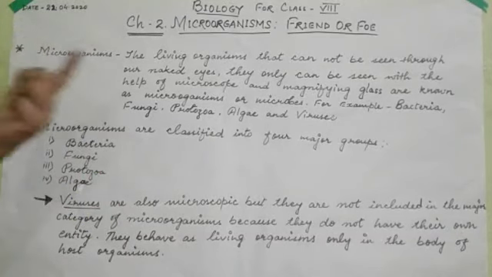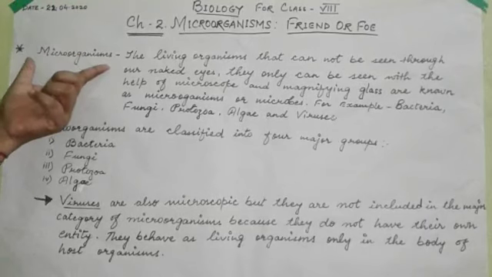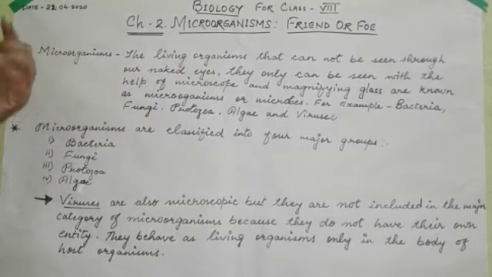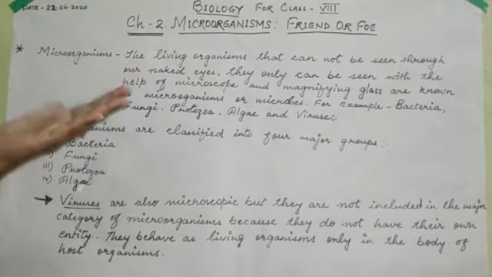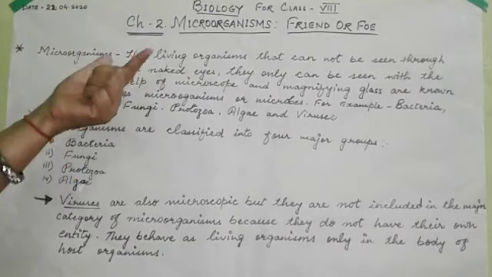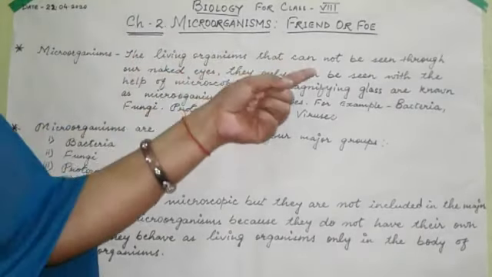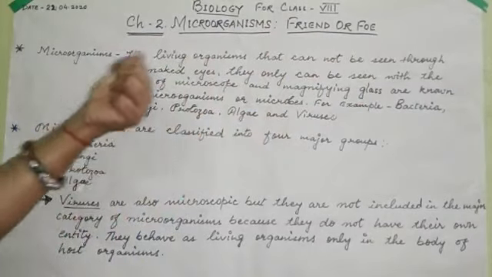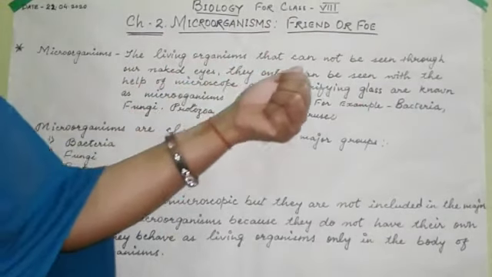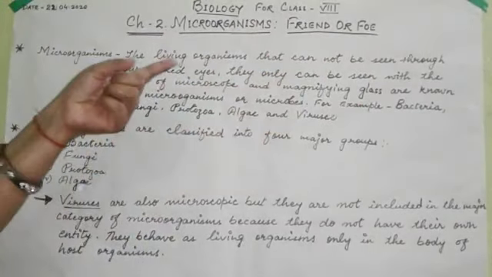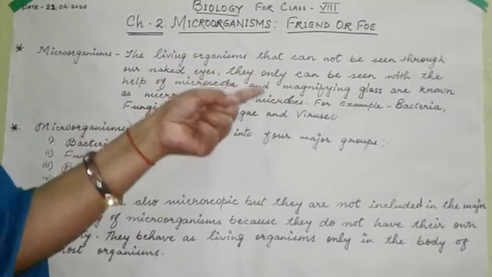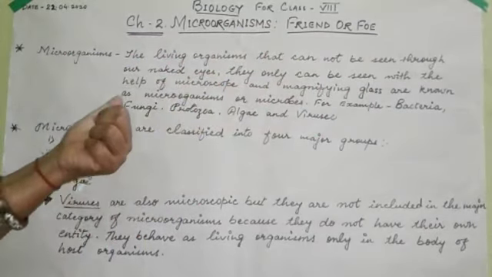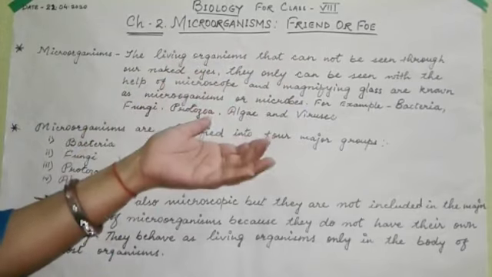Students, here is the definition of microorganism. How can we define a microorganism? The living organisms that cannot be seen with our naked eyes, and can only be seen with the help of a microscope or magnifying glass, are known as microorganisms or microbes.